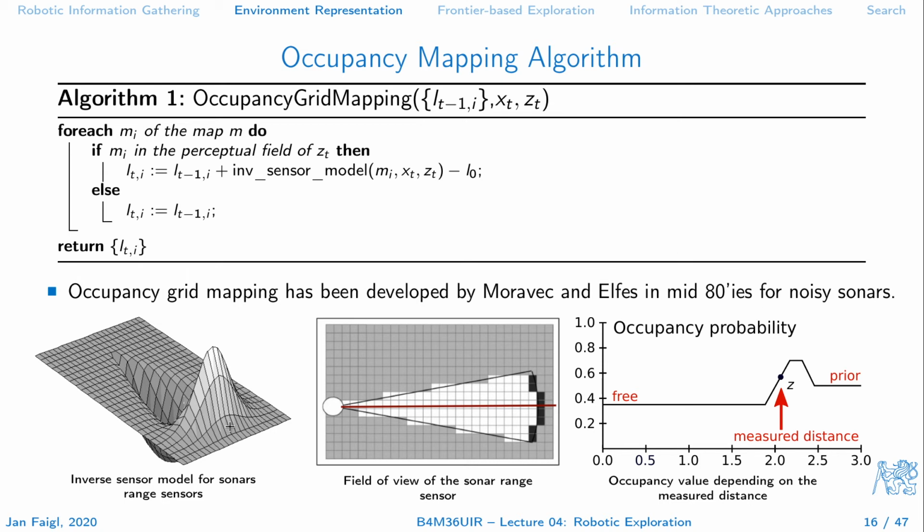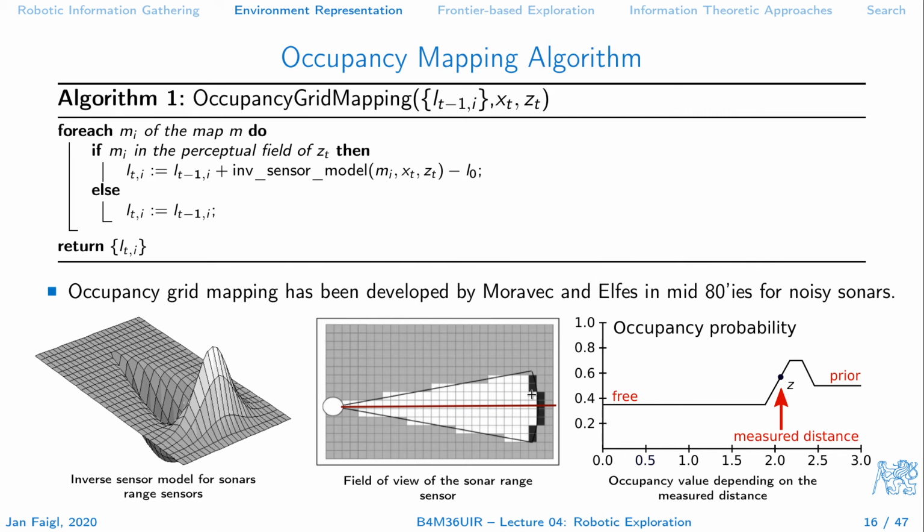And this is the inverse sensor model for sonars, the range sensor. So if we have a measurement, we are quite sure about it here, but we are not sure about there, it is not like a single beam. So it is something like that.